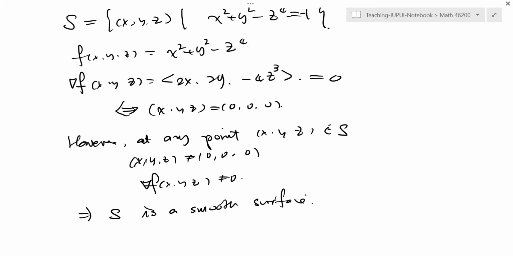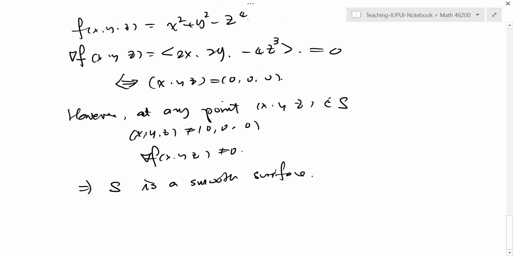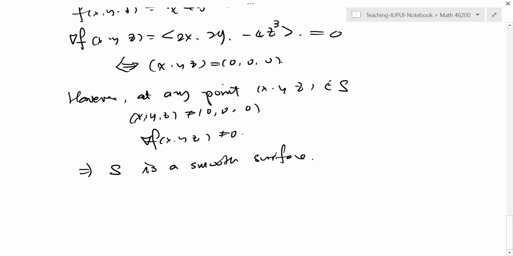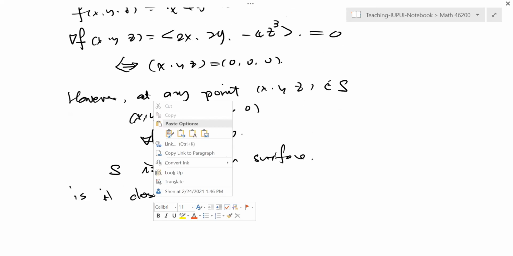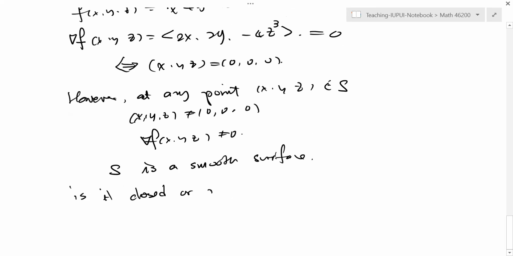Now, the question is, is it a closed surface or an open surface? I'm not asking you to check whether it's a closed subset. As a subset in R3, it's closed, but as a surface, it's not closed.